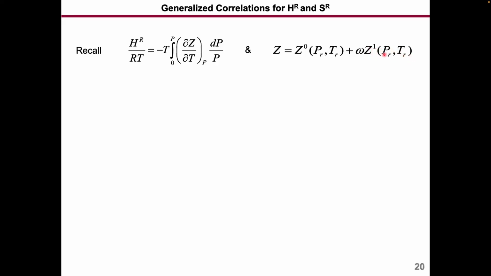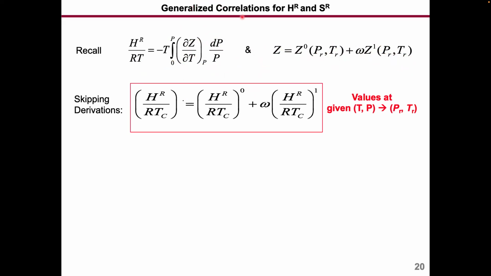So you can calculate Z as a function of TR and PR, and then plug in and take the integral. Mathematically, it's going to be pretty complicated, but people have already done that for you. That's why we can use these generalized correlations for HR and SR.